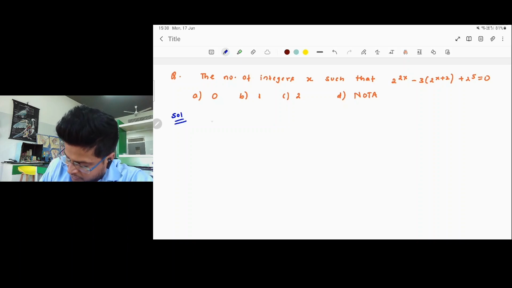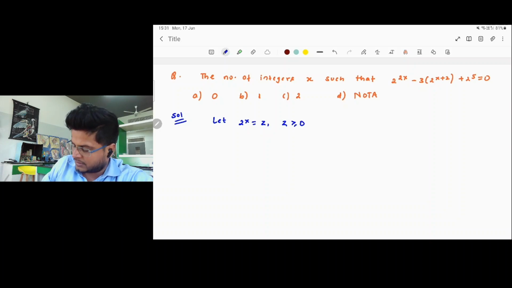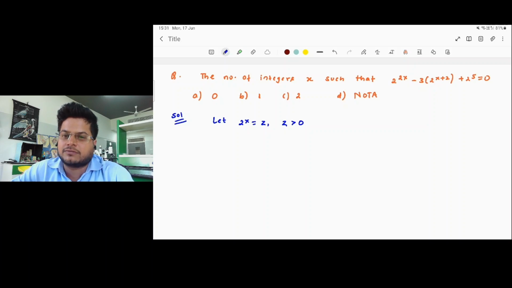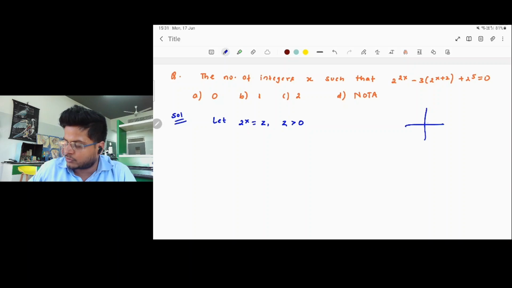So what we can do, we can go like, let 2 power x equals z, where z is greater than 0. Normally in class students don't mention this condition, but in case you are done with relations and functions and know the basics of the exponential function, we know that 2 power x will never be 0. If you are aware of the 2 power x graph, it looks like this, isn't it?